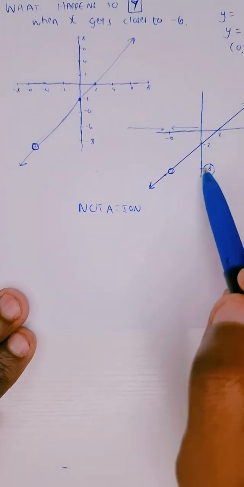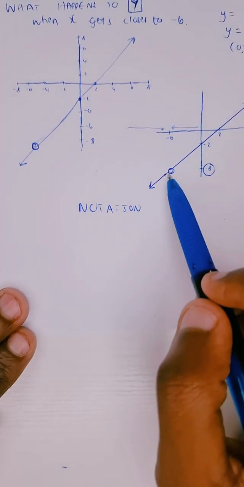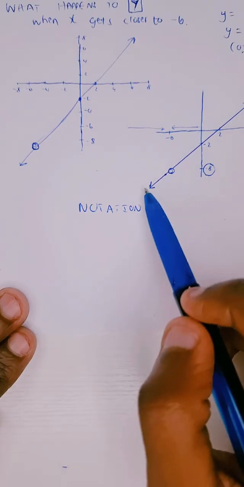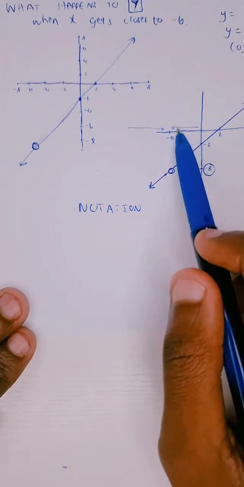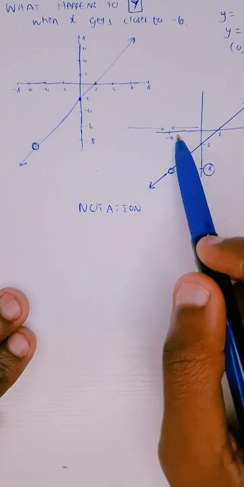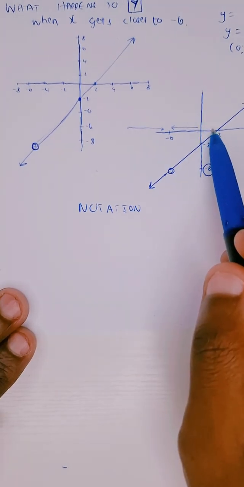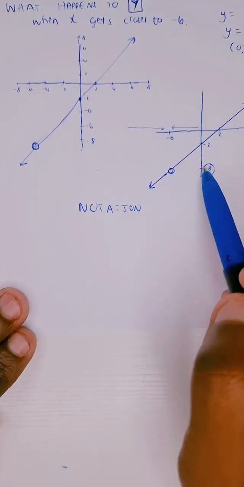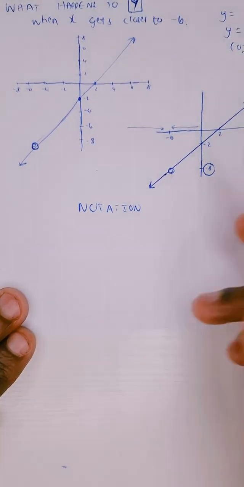So it gets closer and closer to negative 8, but does not actually arrive at negative 8. It approaches negative 8 as x approaches negative 6 from the left, and from the right it gets closer to negative 8 for y again.